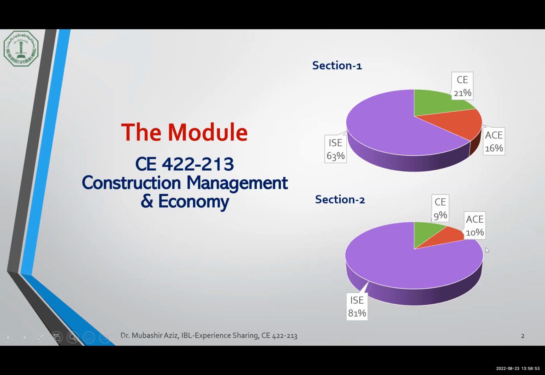Likewise, in section 2, I had about 19% students from civil and applied civil engineering and 81% from industrial science and engineering. So if you see, the course itself was a multidisciplinary course with students from two altogether different departments.